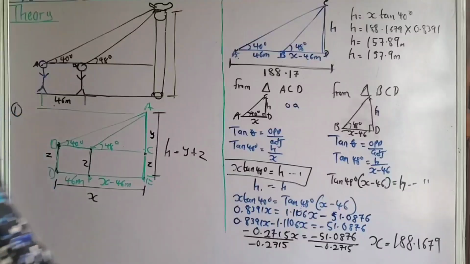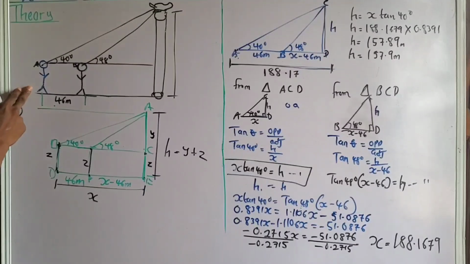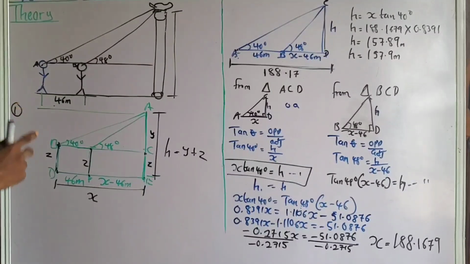Let's look at the next question. So if you come across a question on angle of elevation and depression in an exam, it is very important that you know how to interpret it first, and make sure that having done the interpretation, you pay attention to the details of the question. This is the first structure that I got, but I discovered that with respect to this, we cannot find the height.